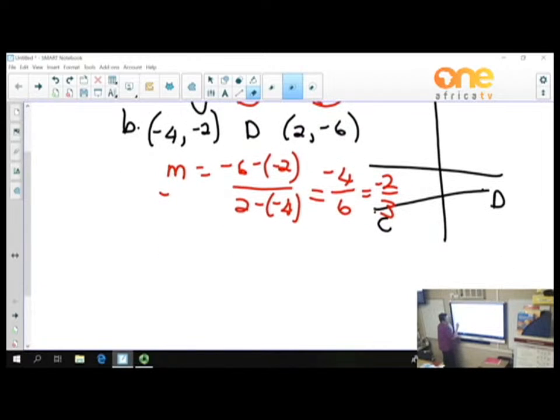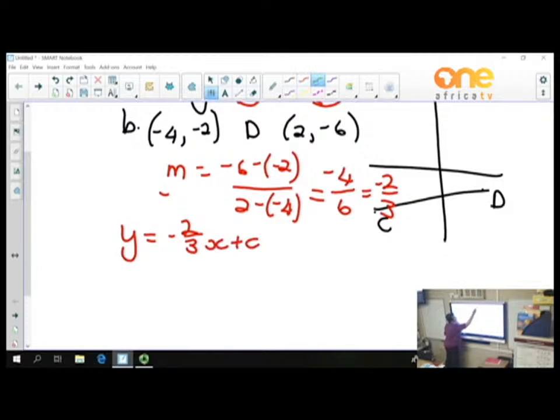So the equation is now y = -2/3 x + c, and we said then to get c, we're going to substitute. It doesn't really matter which one you put in there, you will get the same answer. So -6 = -2/3 times 2 plus c.